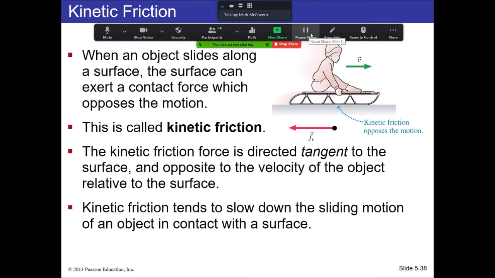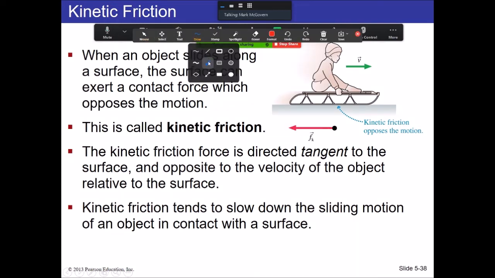Where's my arrows? Please, just give me my arrows. Okay, gravity downward, exerted by the Earth. Normal force upward.